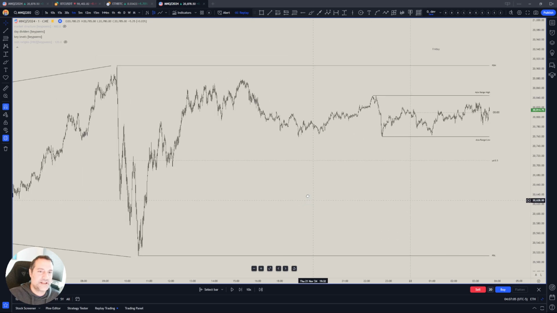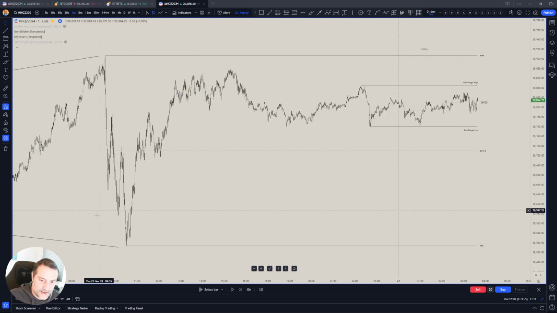So what we want to do is, okay, previous day we have a previous day high, previous day low. You don't need my indicator to mark this, but I do have an indicator called key levels. That is just a slight adjustment over other open source indicators that do that. It just matches my style of how I like things, minimalistic.